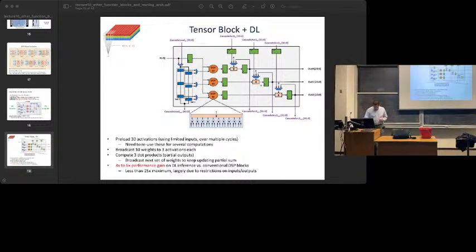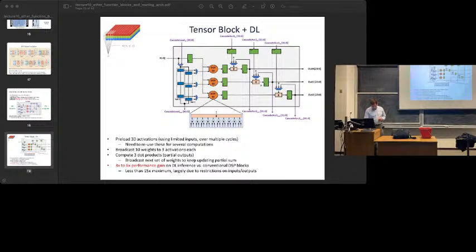So by loading those activations into these registers, we can load them in through a limited number of inputs over many cycles as a shift register, while computation is happening from the other set of registers. And we can use them several times, because those activations get used over and over again. And then it also turns out that each of the weights that we bring in is not going to multiply just one activation.